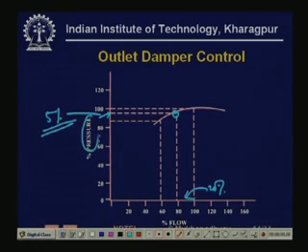This is not pressure, this is power, that was wrong. That is why this method is not so energy efficient. Flow is reducing, but you are not saving energy.